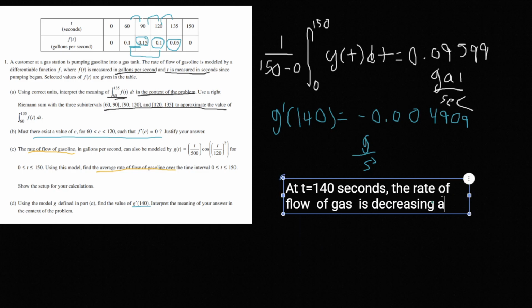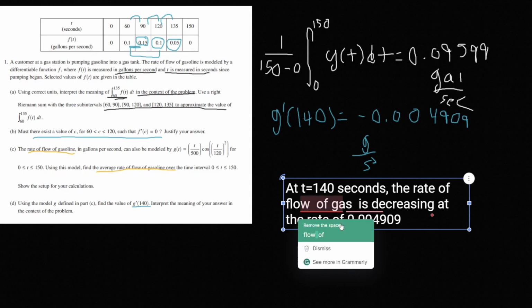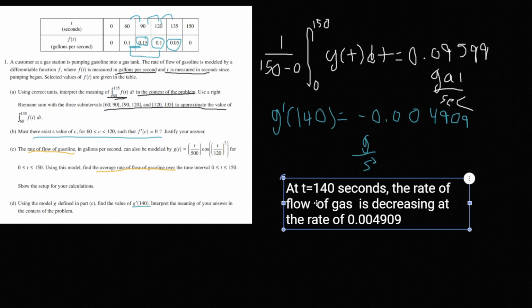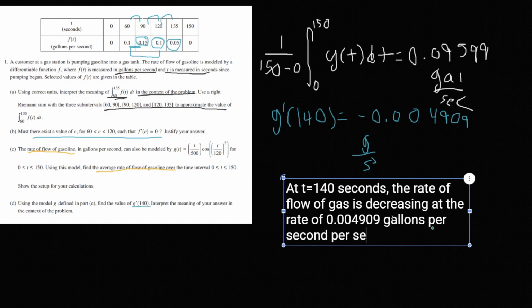It's decreasing at the rate of 0.004909. The reason why I don't have the negative here is because I said that the rate of flow of gas is decreasing, and so that already implies that it's negative. And so I'm going to put units here, gallons per second per second. That's the entire first FRQ.